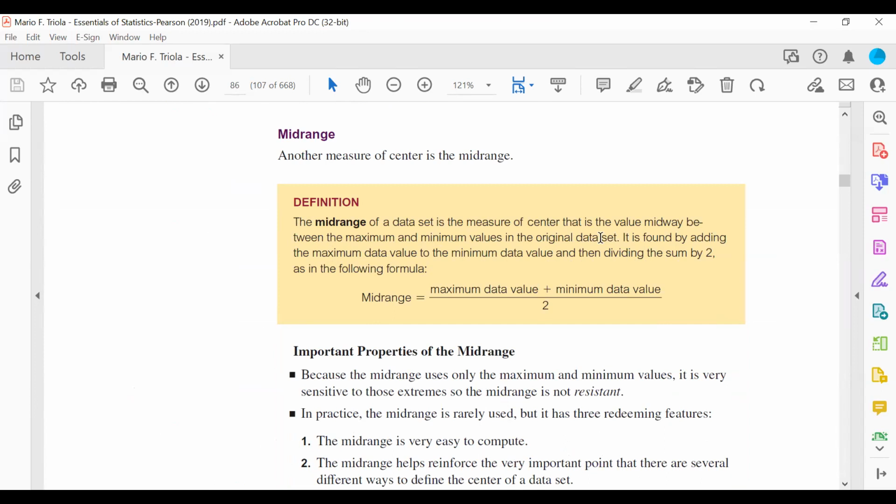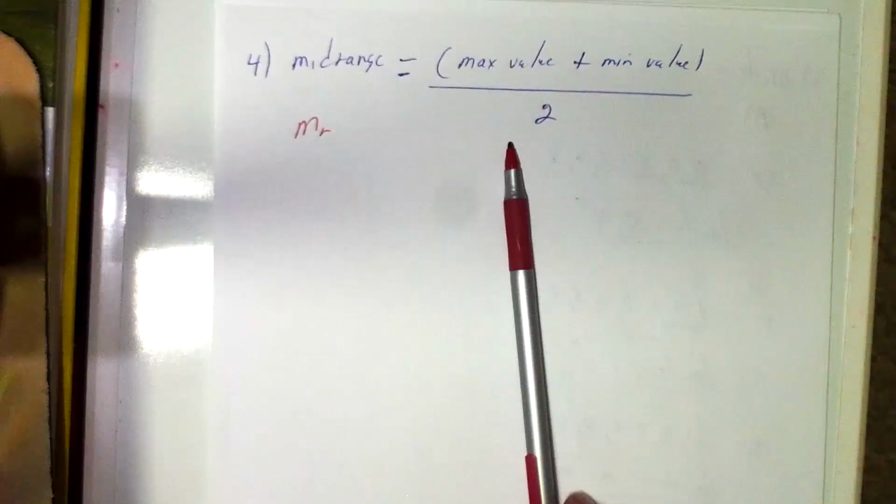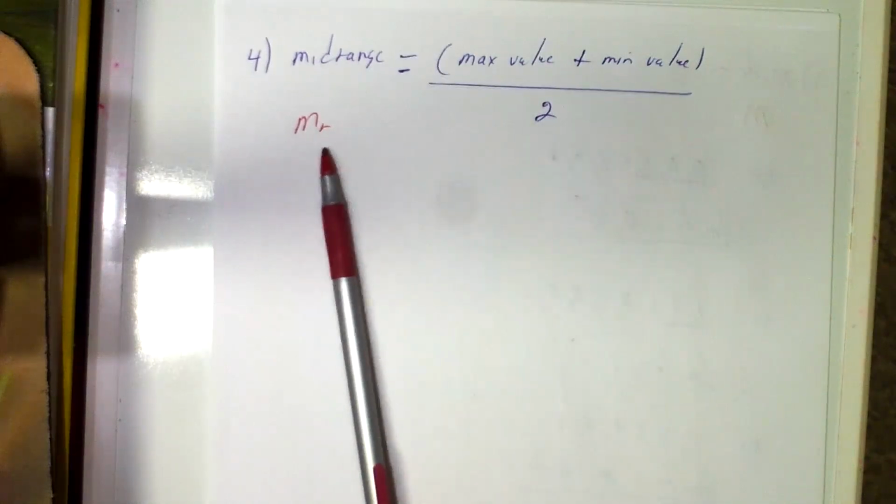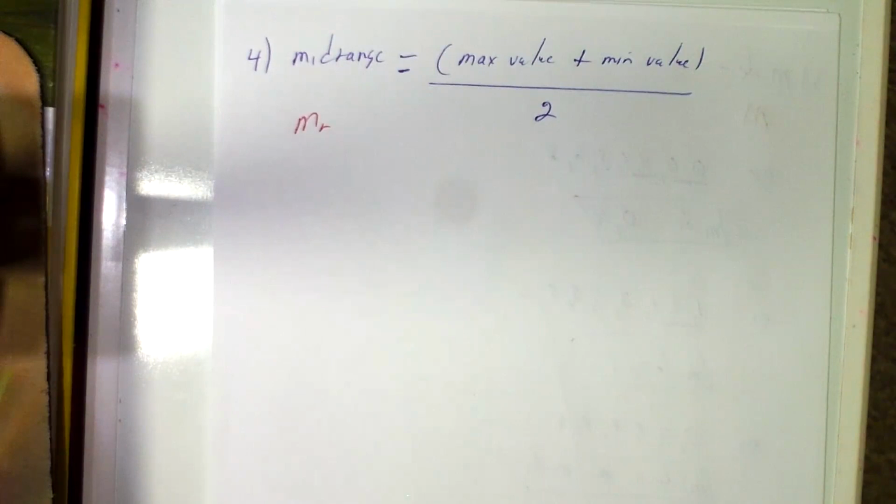That is your mid-range. For notation, they use a capital M and a lowercase r, so it looks like Mr. So MR is your notation for mid-range. So here's the formula. I made it nicer. I put parentheses. And then there's your symbol, MR.